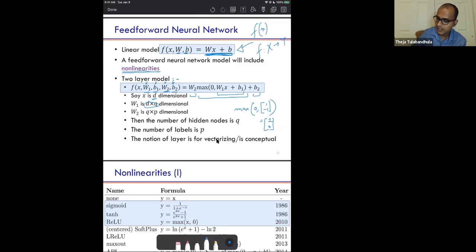So W1 should be Q cross D. Sorry, there's a typo there. It's just matching the dimensions. And B1 has to be Q dimensional.